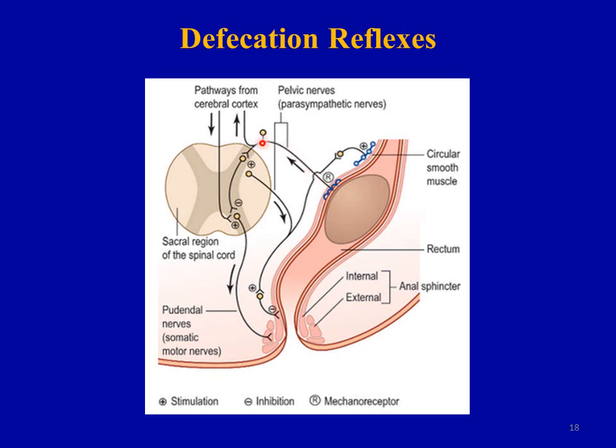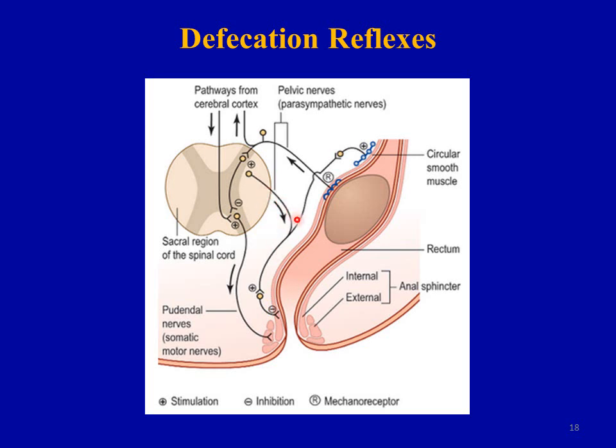This will send information to the sacral segment of the spinal cord, S2, S3, and S4, and will lead to the processing of the information at the level of the spinal cord, and finally will result in impulses from the spinal cord to the wall of the large intestine, or to the wall of the rectum.